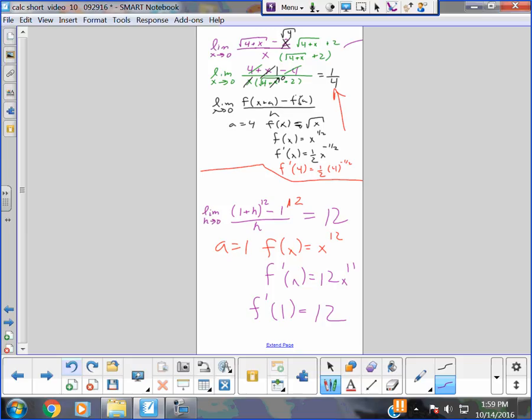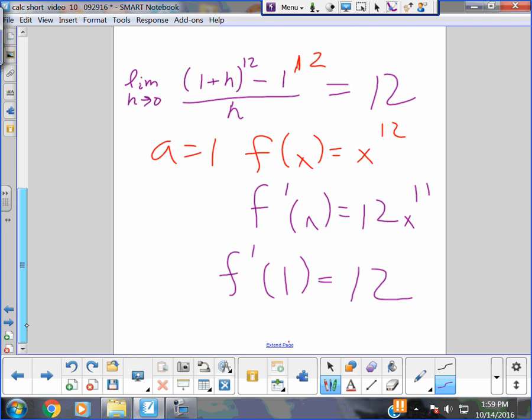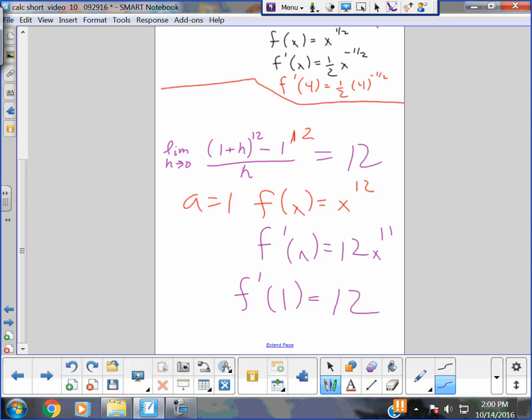And you notice I did not take 1 plus h to the 12th. We did the proof showing that the first 2 terms of Pascal's triangle are all that mattered. The proof we did, to make us think about it, was this.